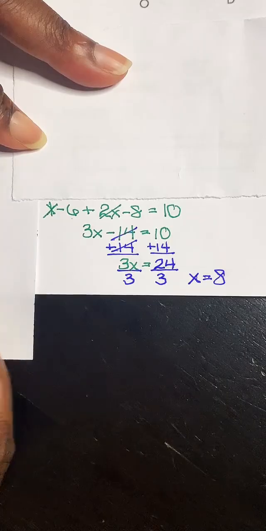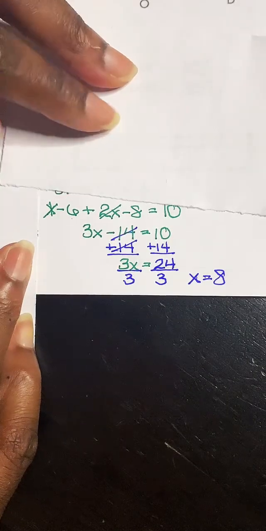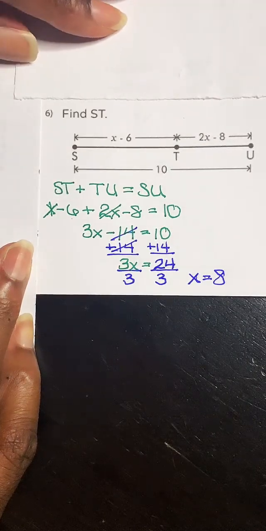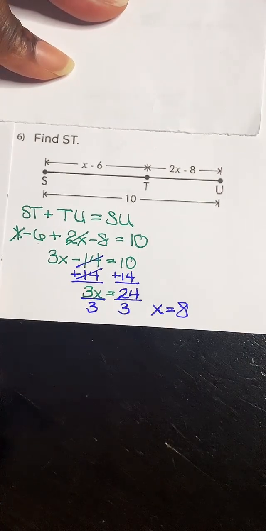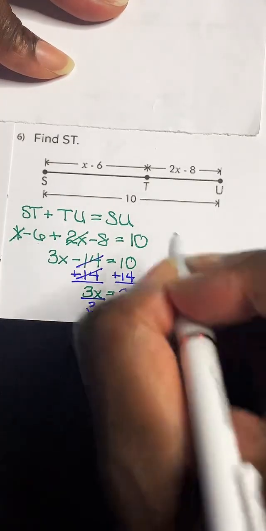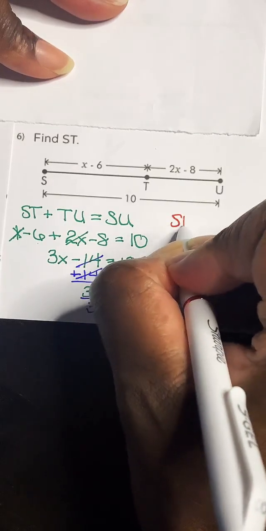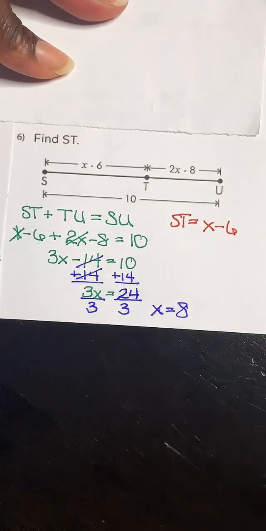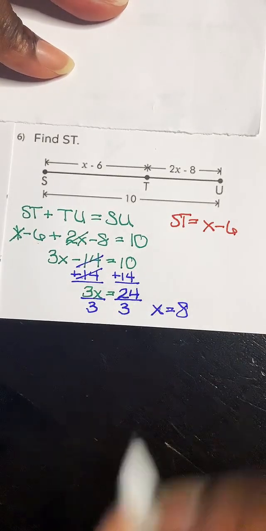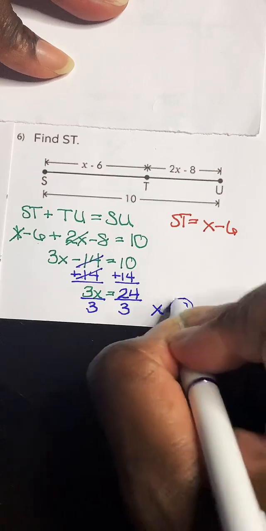Okay. But that's not what they're asking for. They're asking for us to find ST. So we know that ST is equal to x minus 6. We found x, which is this 8.